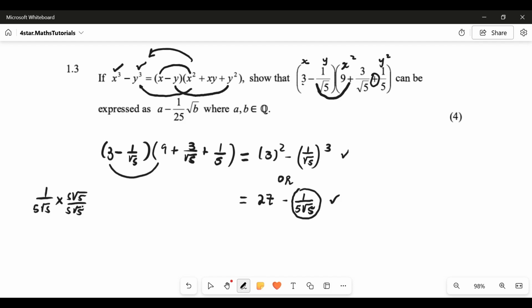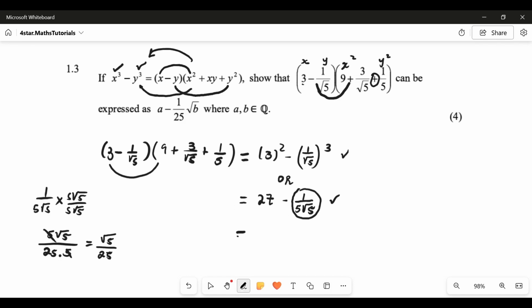When we multiply, we get 5 root of 5 times 5 root of 5, which is 25 times 5, then this divides this. Then the answer is root of 5 divided by 25.